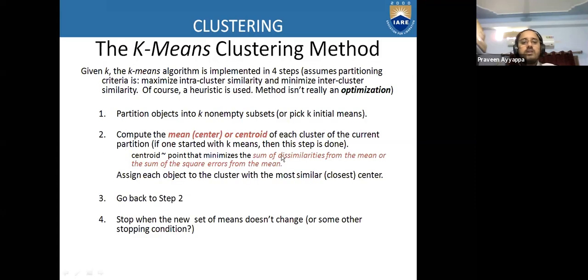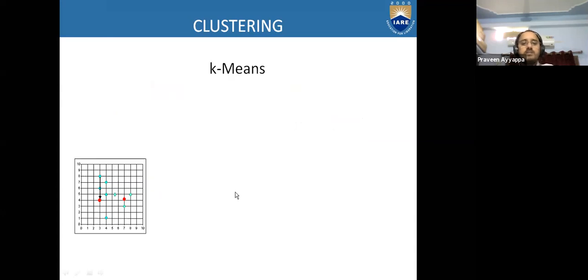This is about the text, the same algorithm we have seen with an example. The same thing is repeated here once again in the form of textual points for your reading. And this is another example. In a similar way, look at how the data points move.